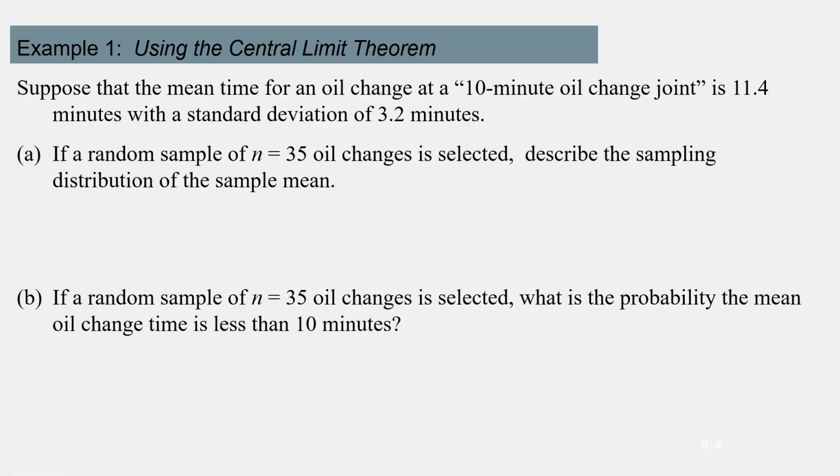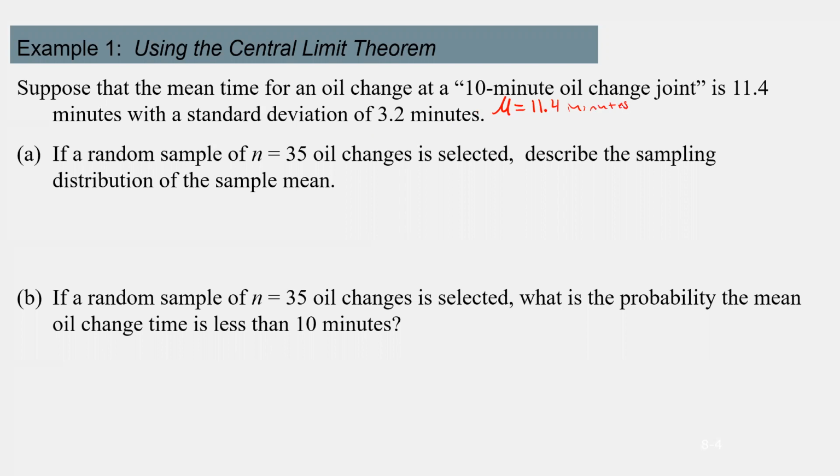So here, I've got two examples picked out for us, okay? And it goes like this. Suppose that the mean time, here's the first one, for an oil change at a place that's referred to as a 10-minute oil change joint is actually 11 minutes. So at this place, what we're told is that the average time, mu, is 11.4 minutes.